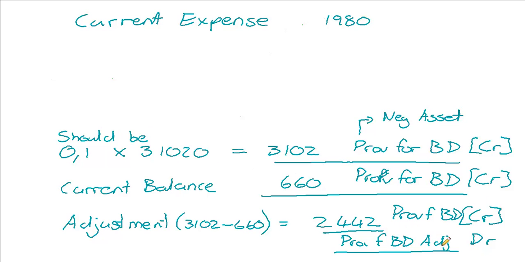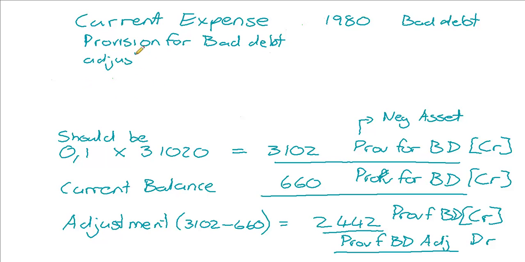So we've got an additional expense on the provision for bad debt adjustment account. So current expense, which is the bad debts, plus my provision for bad debts. So it's also an estimate of the amounts that we're not going to get back from the customer. So that's why it's an expense, because this is money that we're not going to get back. So in essence we're losing more money, which is 2442.